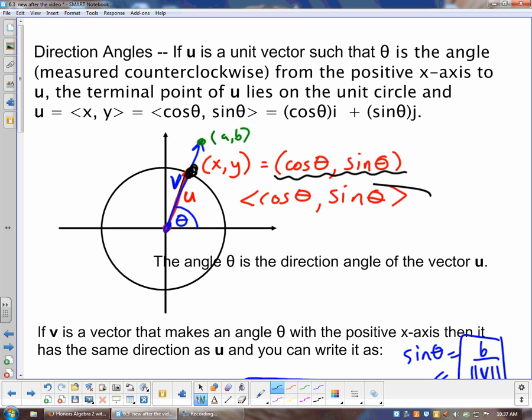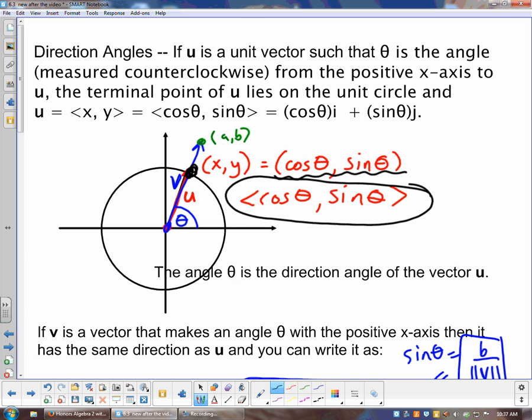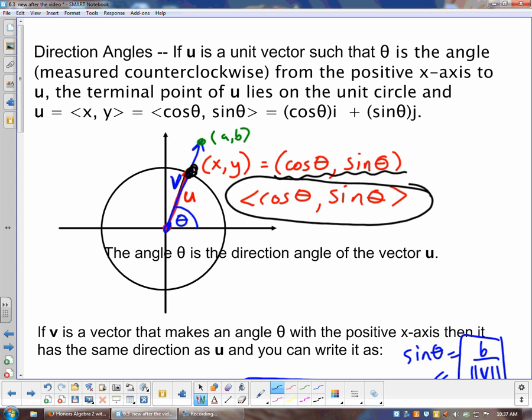So the angle theta is said to be the direction angle of vector u. The angle theta is the direction angle of the vector.